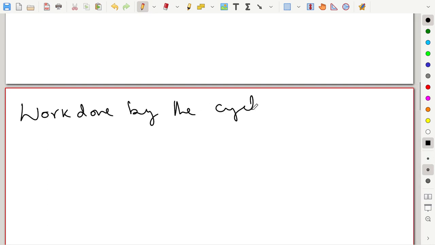So in the next part we are finding the work done by the cycle on the road.